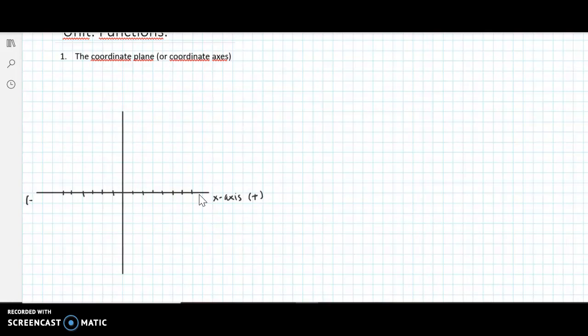The same for the y-axis. If we go up, we have positive numbers: 1, 2, 3, 4, 5, 6. And if we go down, we have negative numbers.